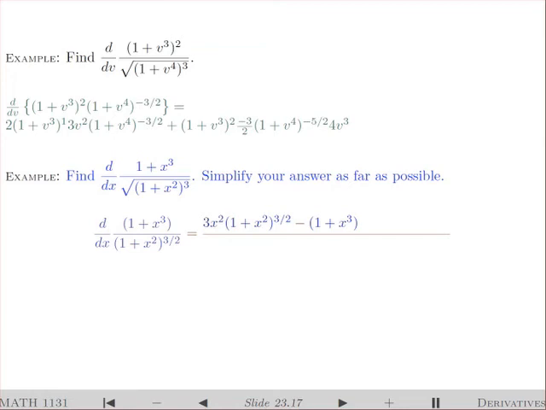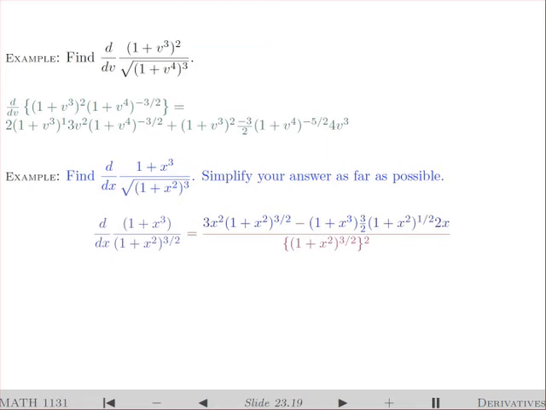It's a power of another function, so I use the power rule multiplied by the derivative of the inside. So for power 3/2, the derivative is 3/2 and then power 3/2 minus 1. 3/2 minus 1 is 1/2. I must multiply it by the derivative of the inside. The inside is 1 plus x squared. Its derivative is 2x.